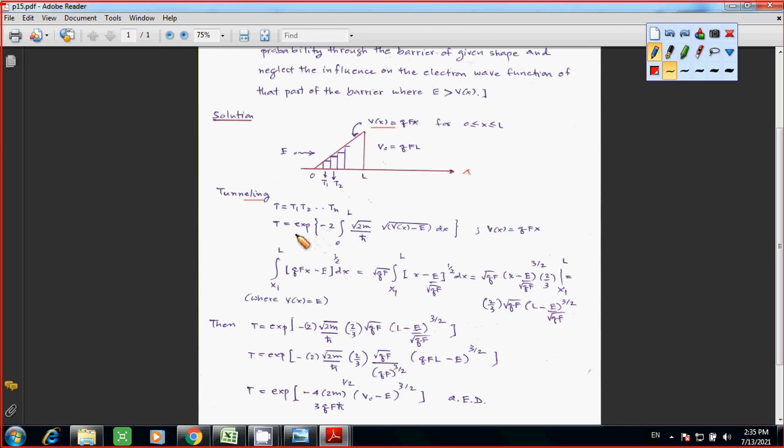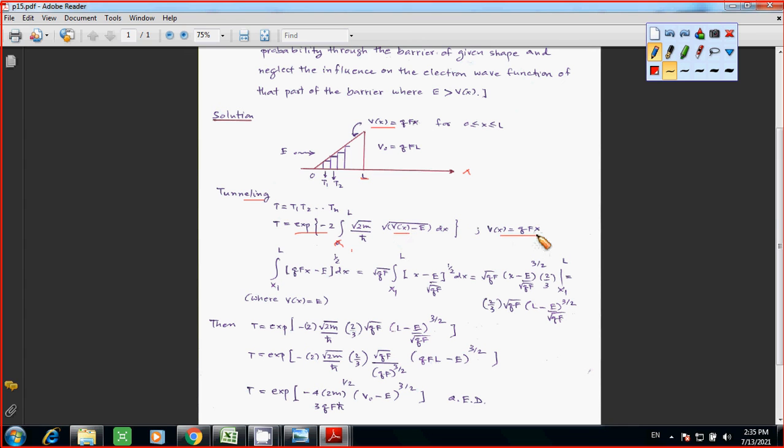By using the equation, exponential of negative 2 times the integral from x1 to L, I will explain what x1 is, of square root of 2m over h bar times square root of Vx minus E. This term looks like k, right? For V not equal to 0.